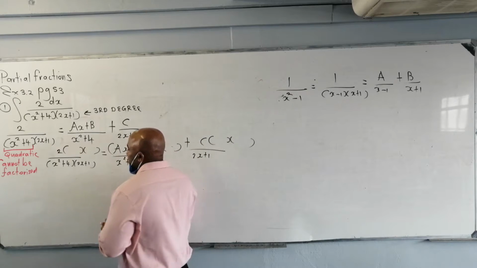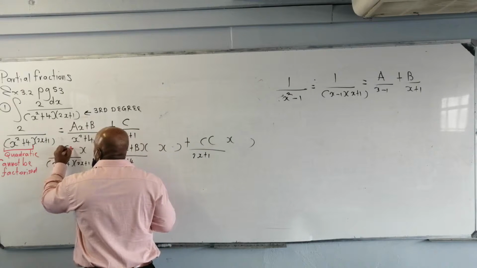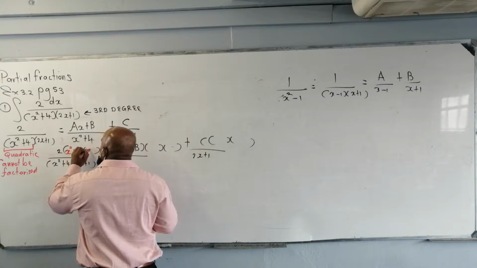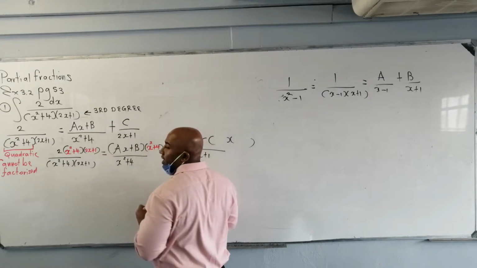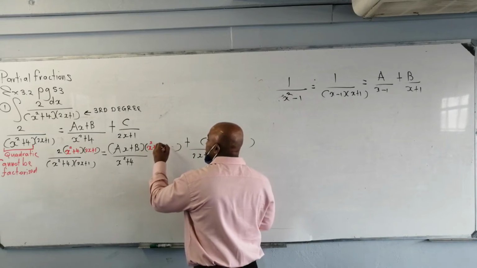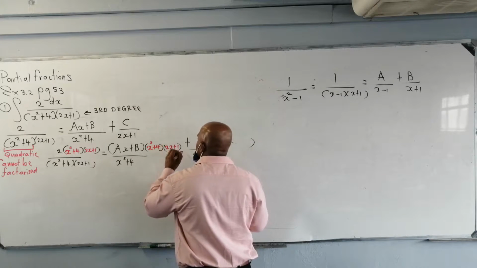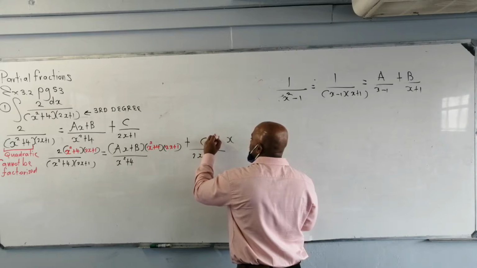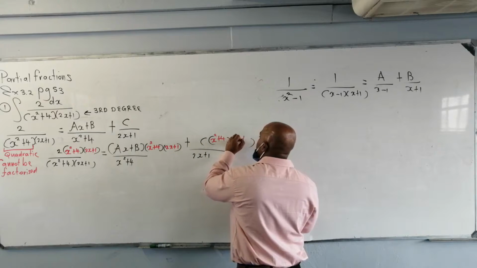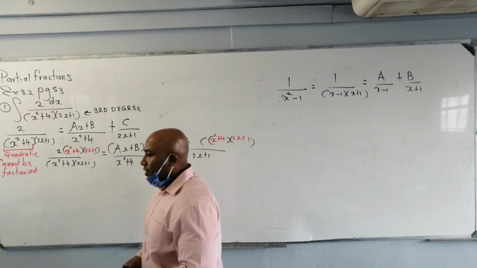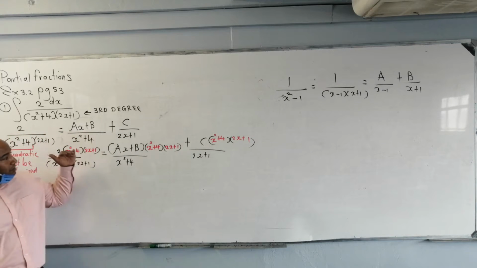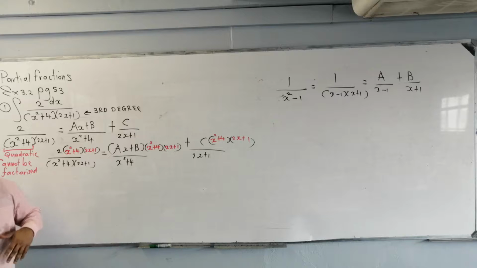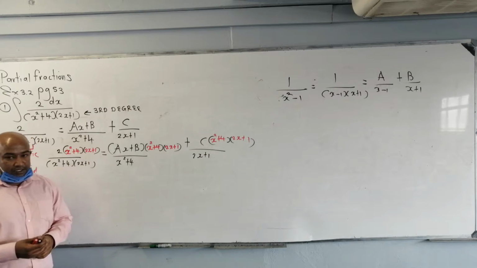Here's our denominator, which is x squared plus 4, 2x plus 1. Whatever I do on the left hand side, I must do on the right hand side. So the rest is the same. It's just that the first part, where you had the quadratic which cannot be factorized, this is how you write it.